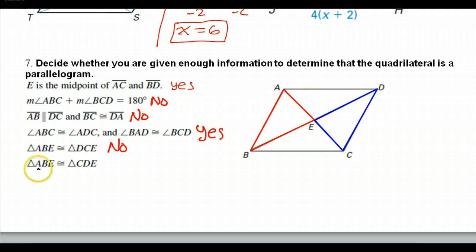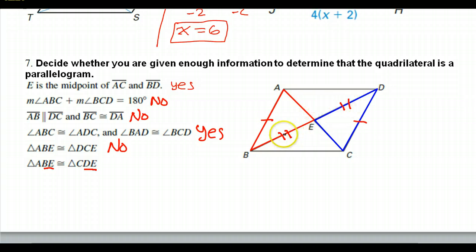So look at the matching now. AB is now congruent to CD. Well, that's the same as before, AB and CD. But here's where it changes. Look at the next congruency. BE is congruent to DE.